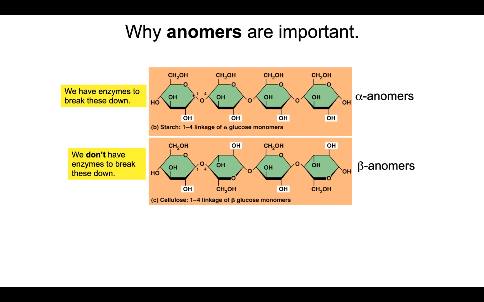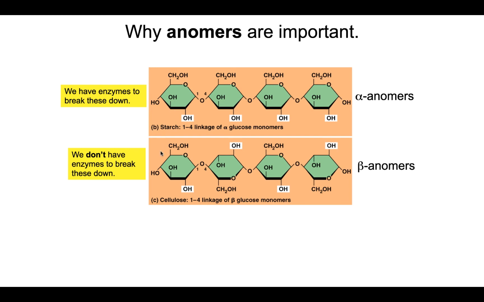So for example, if we add together a whole bunch of glucose molecules to make a molecule of starch, a polysaccharide, where all of those glucoses are alpha anomers, then we have starch. And now starch is great, right? We can eat starch. We have enzymes that can digest that starch into the different glucose molecules, and we can get energy from it.